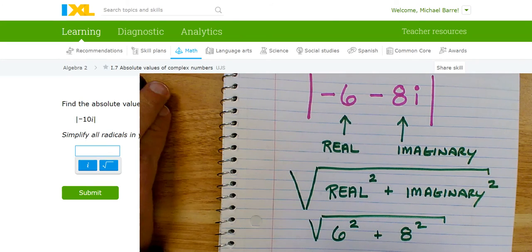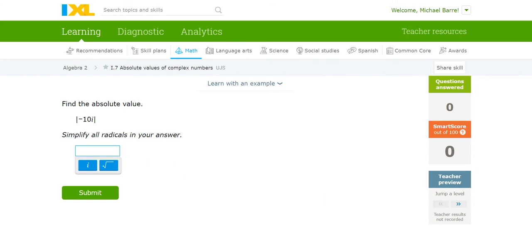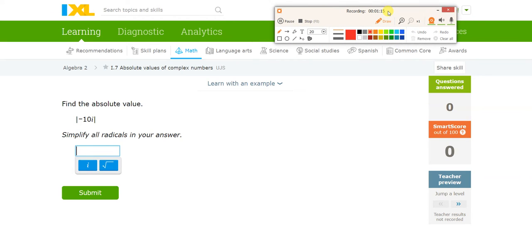So let's do one of these. Now the first ones are actually simpler than this because there's no real part to this. So if I was just following my notes, real is 0 squared, imaginary is 10 squared.